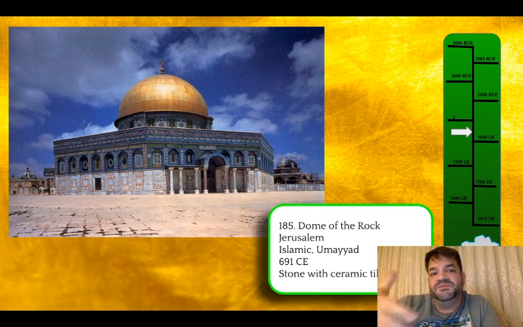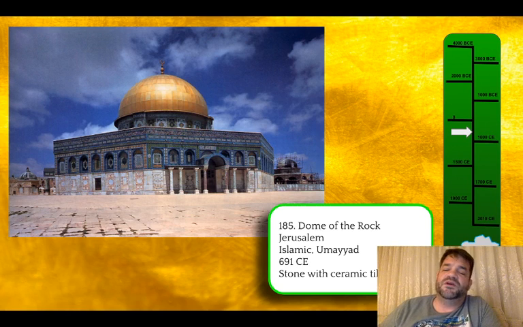And then from Jerusalem, he ascended into heaven and spoke with the great prophets of the past, and spoke to God, and then returned to Mecca. The Dome of the Rock covers the spot where he ascended to heaven in Jerusalem.